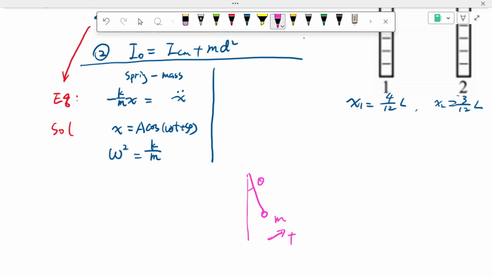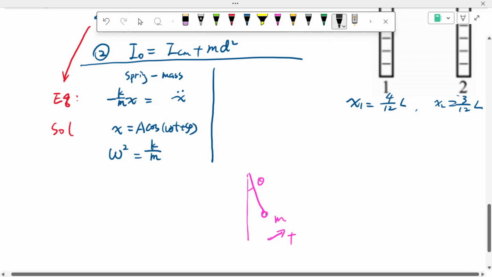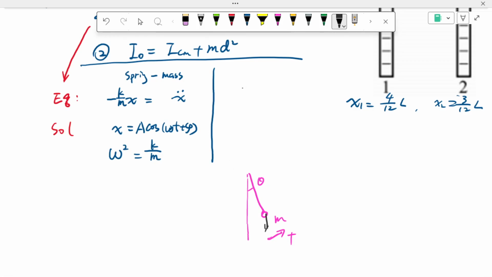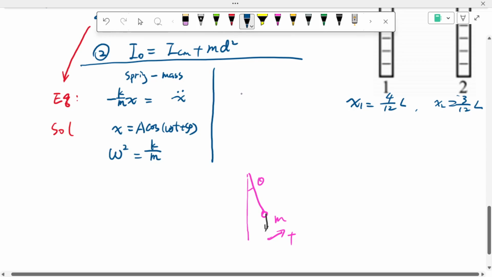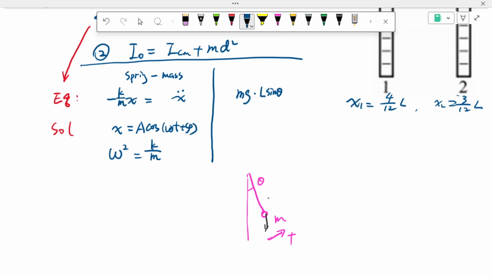Here, the only torque would be provided by gravity, right? So we have mg times the lever arm. The lever arm would be L sine theta. The torque provided by gravity would be clockwise, so that means it's negative, right?